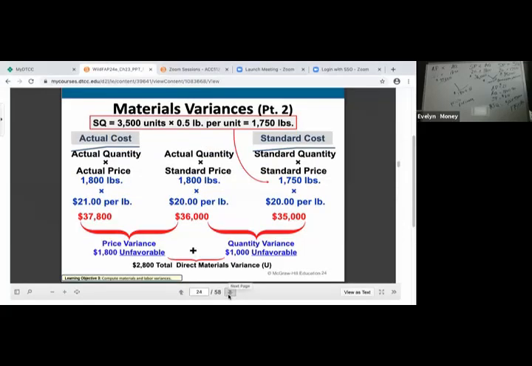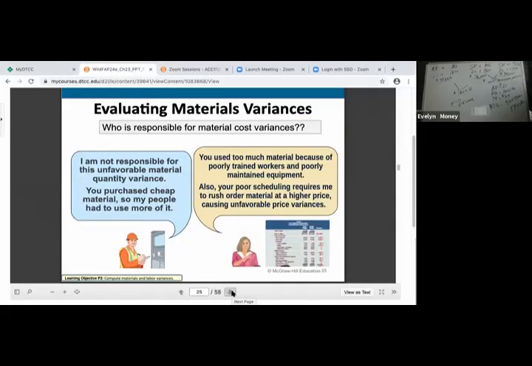All right, here it is all nice and neat on the slide. I guess I could have just shown you on the slides here. But who's responsible for these variances? Now, I can combine the 1,800 variance and the 1,000 variance, and then that will give me the overall materials cost variance. But the question is, who is responsible?